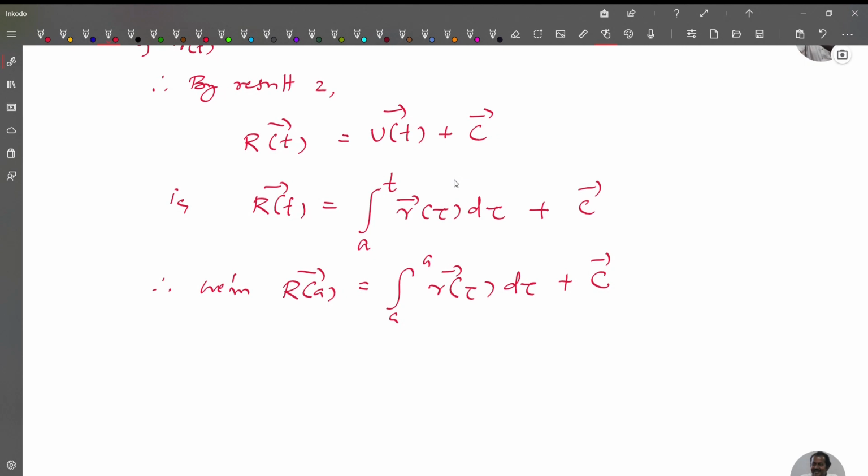This integral is 0, so R of a equals 0 plus c, which implies c equals R of a.